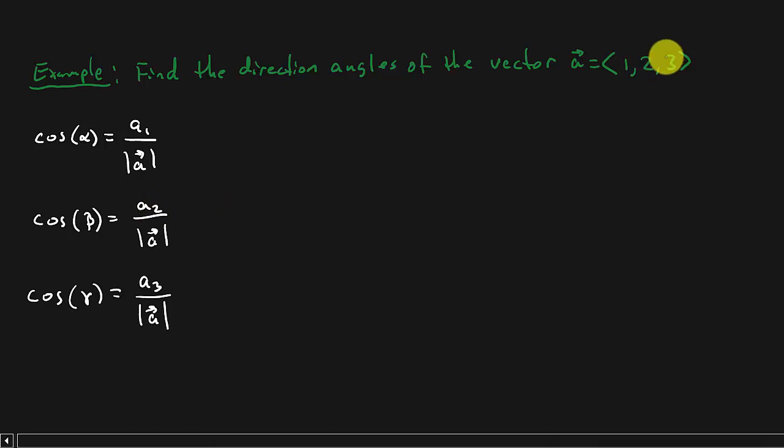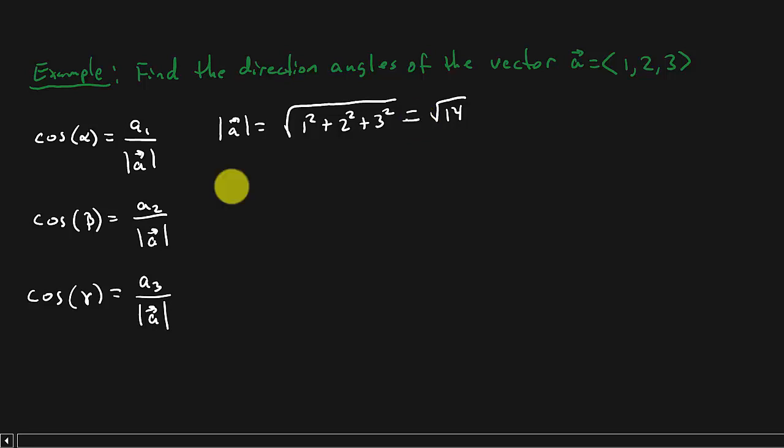It's 1. A2 is 2. A3 is 3. So we just need the magnitude of A. The magnitude of A is equal to the square root of 1 squared plus 2 squared plus 3 squared, and that is equal to the square root of 14. And so there you have it.